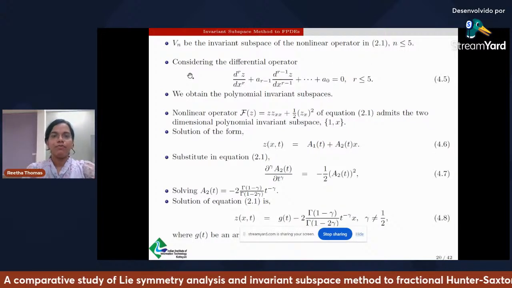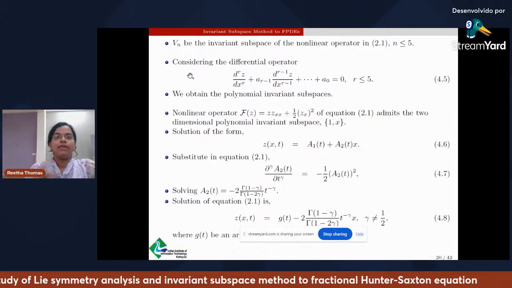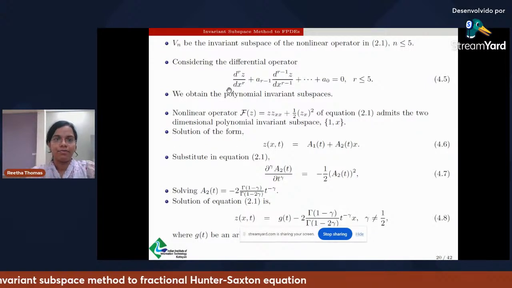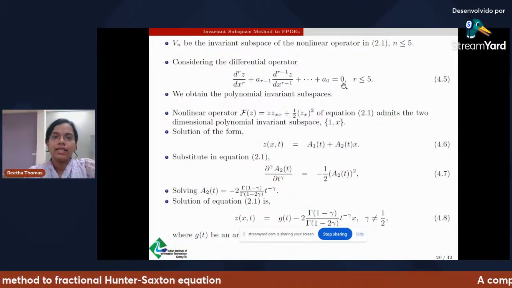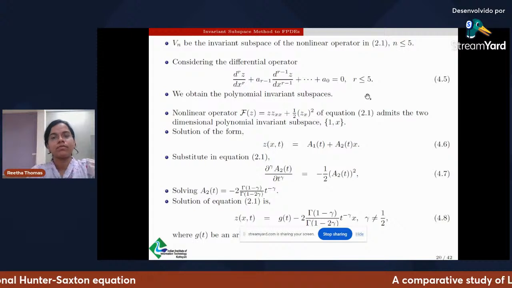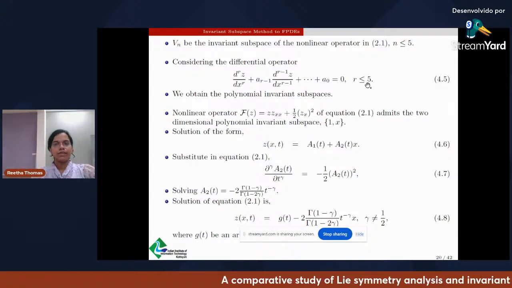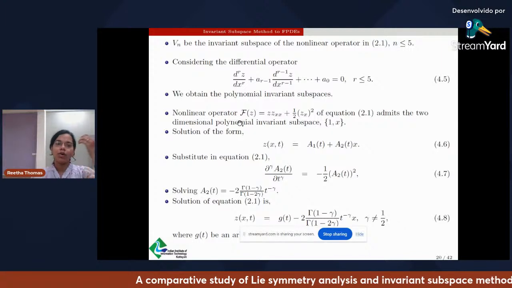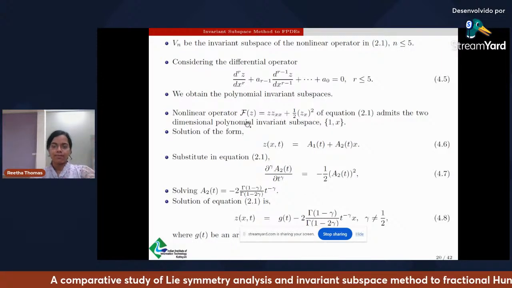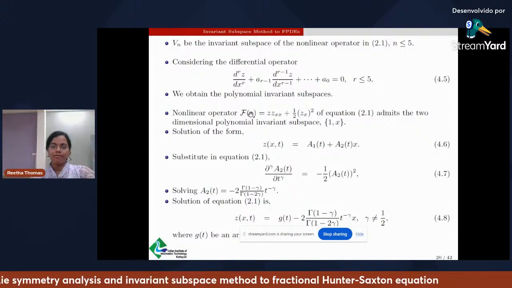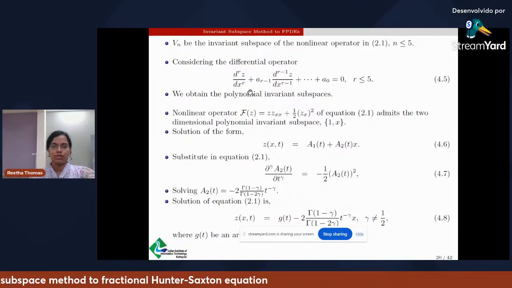And we want to first find the invariant subspace for the nonlinear operator f. For that, we consider this ODE where r is less than or equal to 5. We first consider r equal to 2. We can obtain the invariant subspace by putting L, and L of f equal to 0 whenever L of z equal to 0.